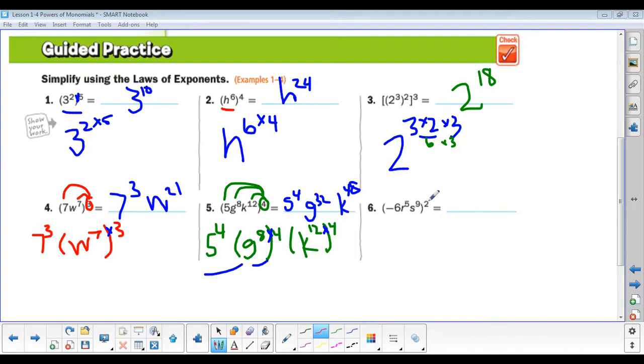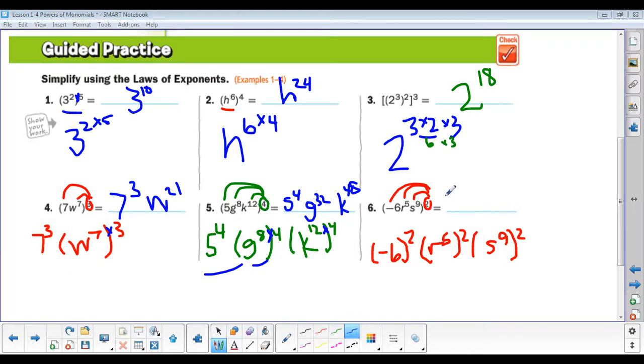And our last one, this 2 is getting distributed to everything here. Because it's a negative, remember I'm going to put it in parentheses before I give it its exponent. That's just a general rule of thumb that we want to do. And then I just write everything else out. This is the step that takes the longest, is just writing it out to keep my work organized.